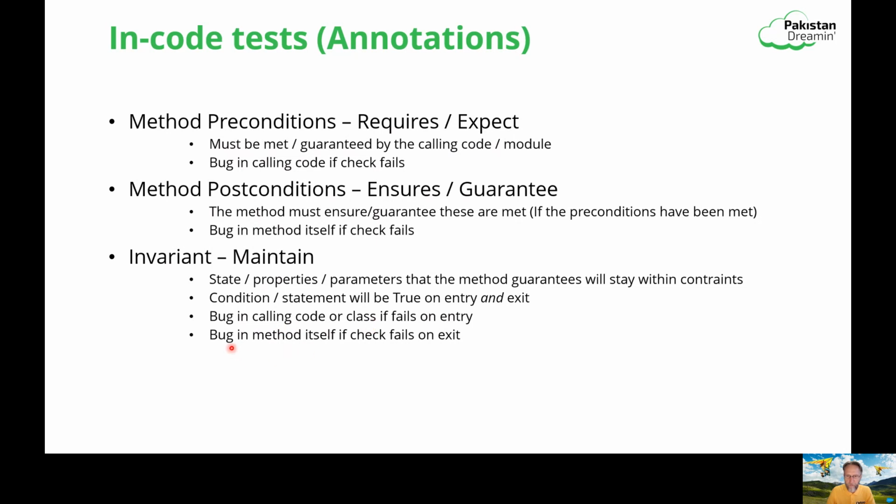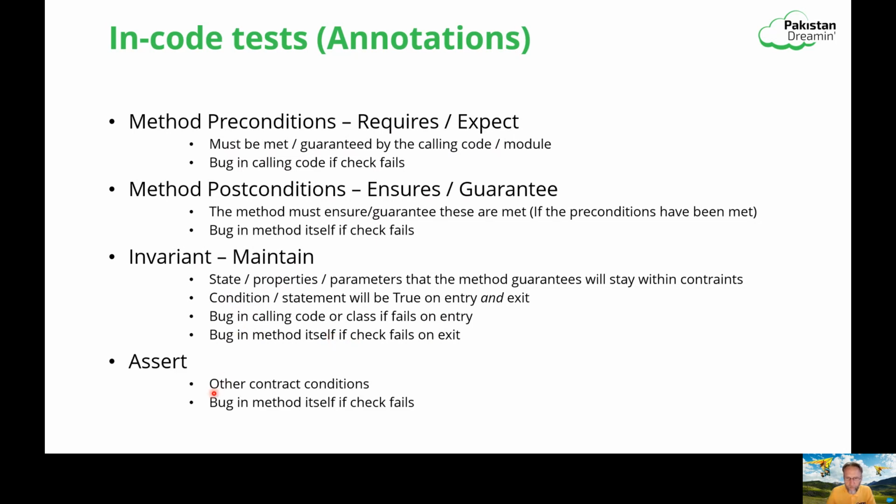If the invariant check fails on the exit of the method where we check post conditions, then that means the method itself has a bug in it, because it didn't maintain that invariant being true. It must have been true to start with, else the method wouldn't have run. It would have failed on entry when it did its invariant check at the start, so in that case there's a bug in the method itself.